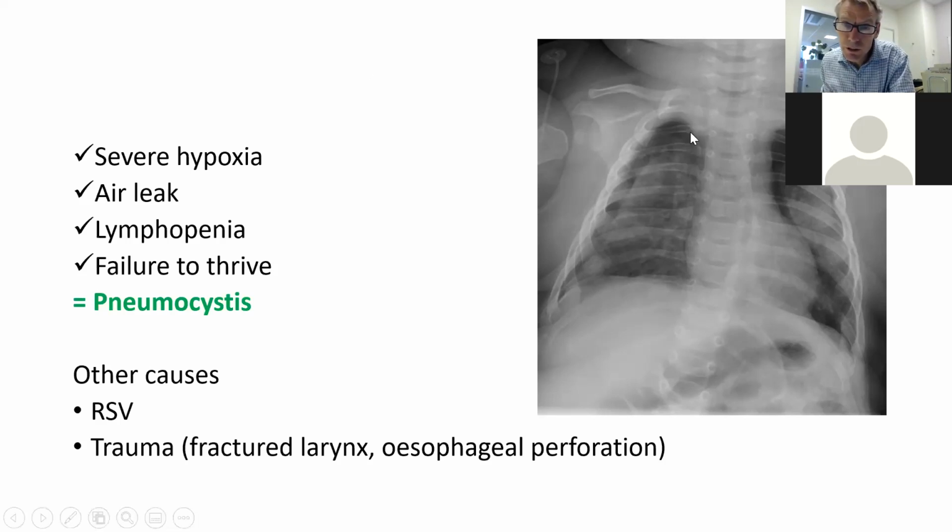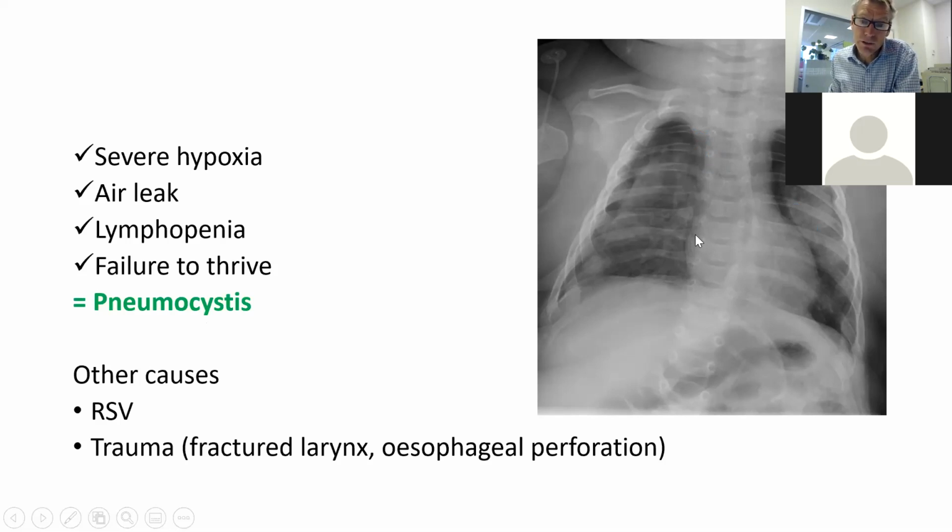If you can see my cursor, you can see the pneumothorax is there, but the lung hasn't really collapsed. It's sort of stayed somewhat inflated. And the reason for that, if you see this and the lung is not collapsing, is that there's probably significant consolidation of that lung. The reason it doesn't collapse is because it's rather consolidated. And that's the case in this child.